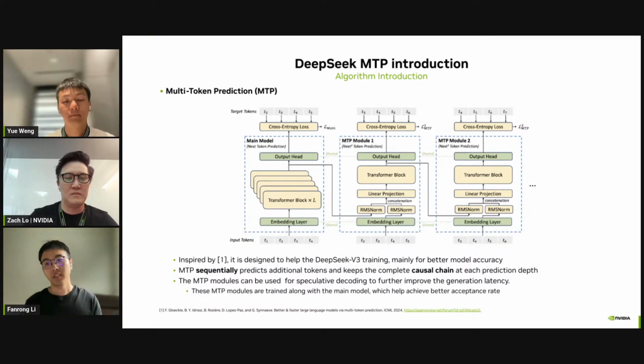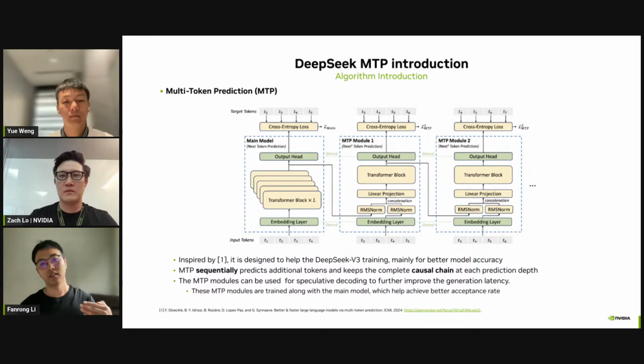The DeepSeek MTP method is inspired by a previous academic paper, and DeepSeek originally used this method to help model training. As we can see in the figure, for normal training, we only input the input tokens to the model, get the output and compare it with the target token.